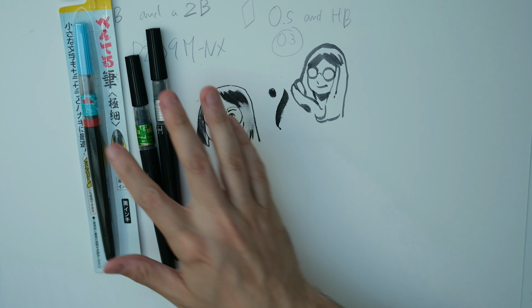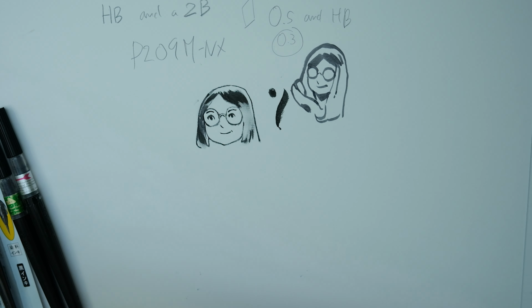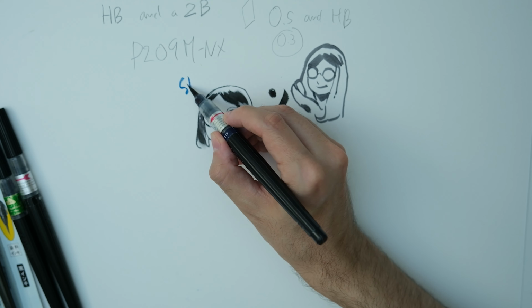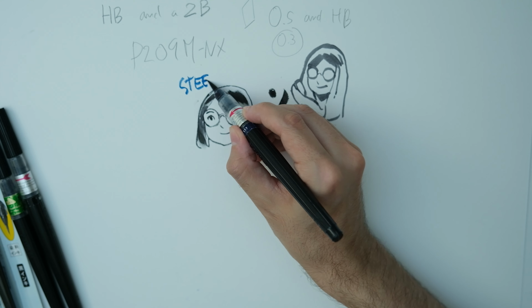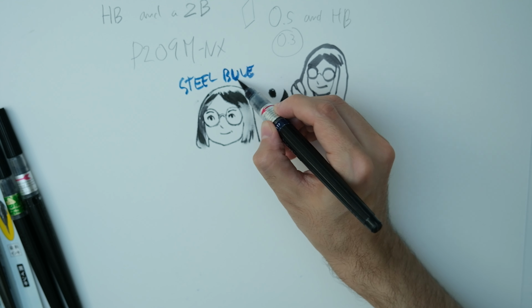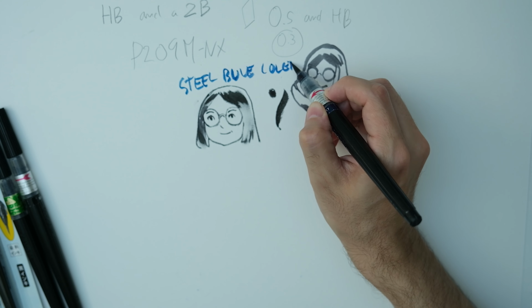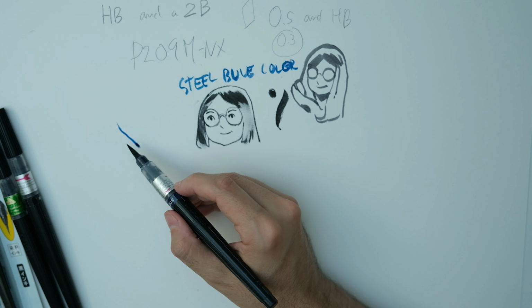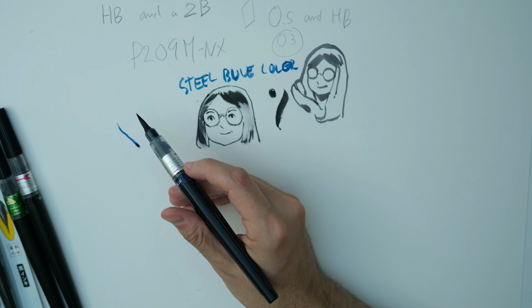non-waterproof. In that regard, I'd want to say that they also have different colors. My favorite color is the steel blue color. I don't know, I just like the blue tone that it has.